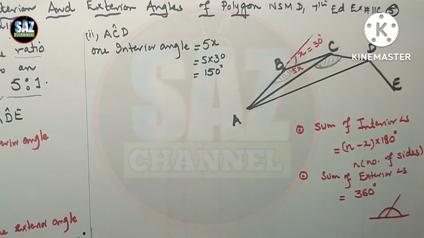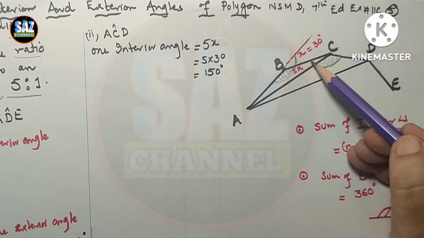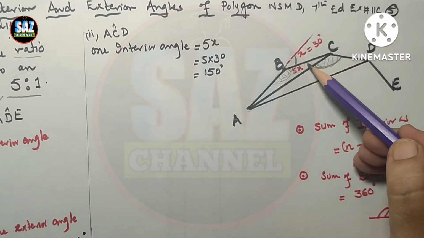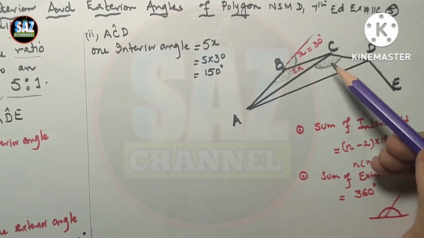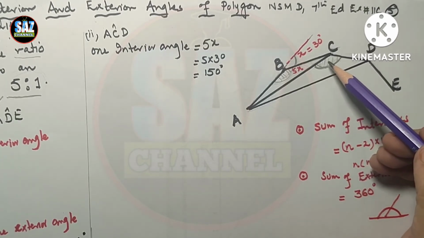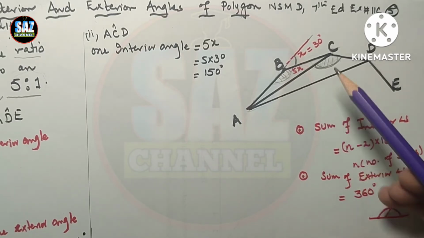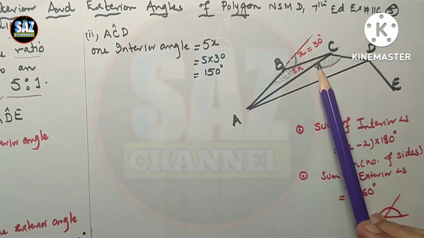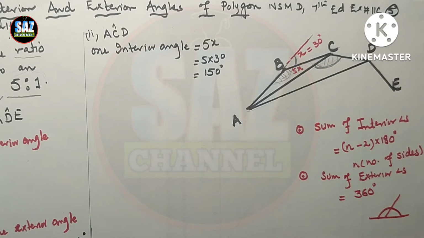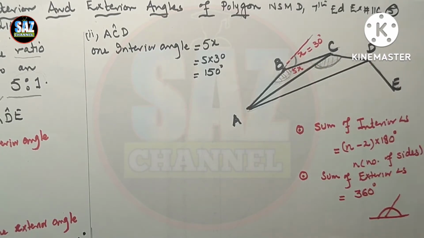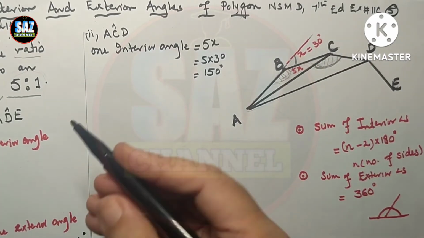Now look, this whole angle is 150 degrees, and my angle BCD will also be 150 degrees. This is my angle ABC, and angle ABC will be equal to 150 degrees. And the same way, my angle BCD will be 150 degrees.